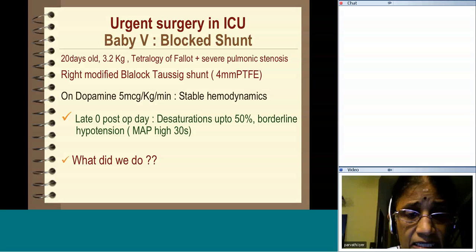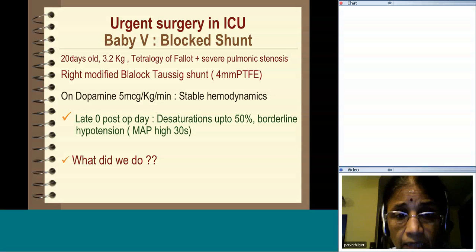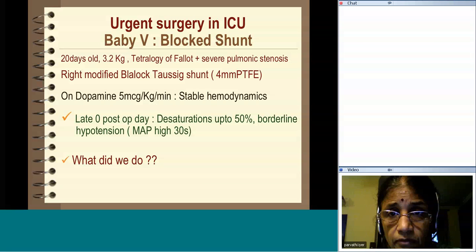Now what do you think we did? Can anyone type it in? Well, echo to see the shunt is a good idea, but we actually didn't even do that because the child was deteriorating very rapidly.